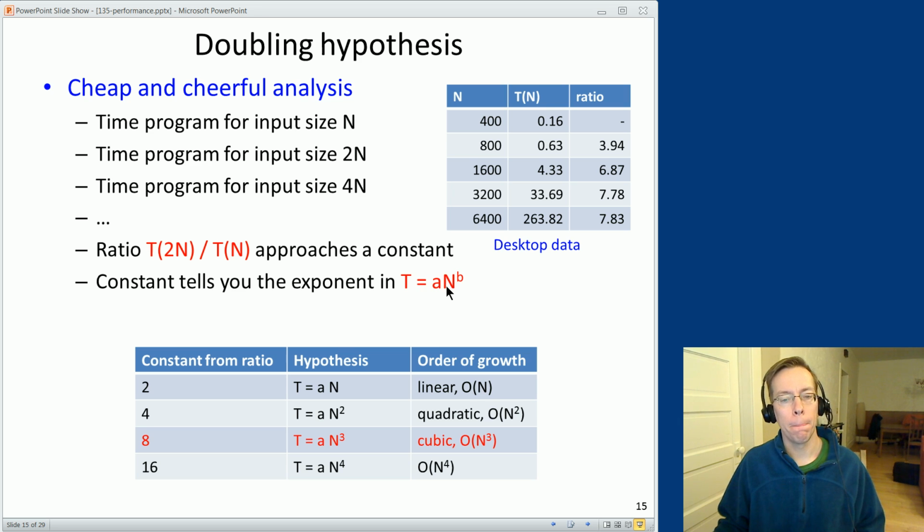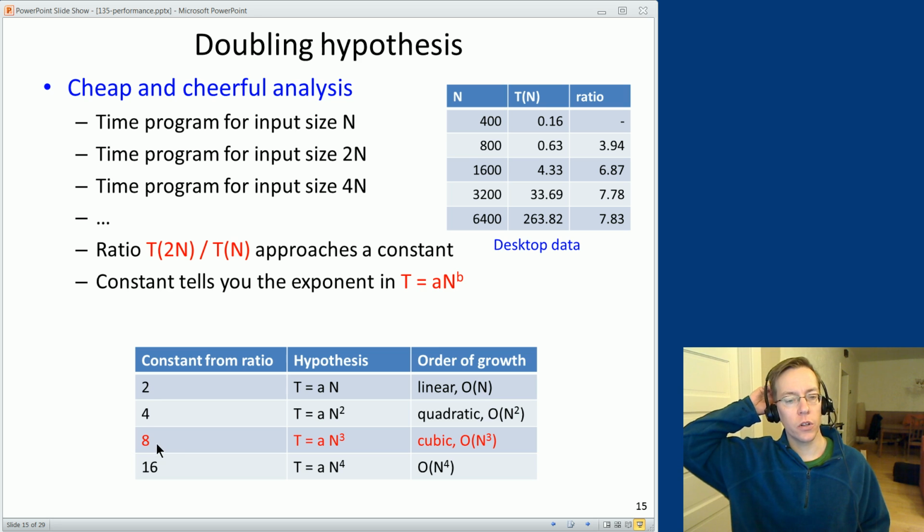So I want to first find this power b. Is it an n squared algorithm or an n algorithm? Depending on which algorithm you get, you're going to get a different ratio. And in this case, I got a ratio that started to get close to 8.